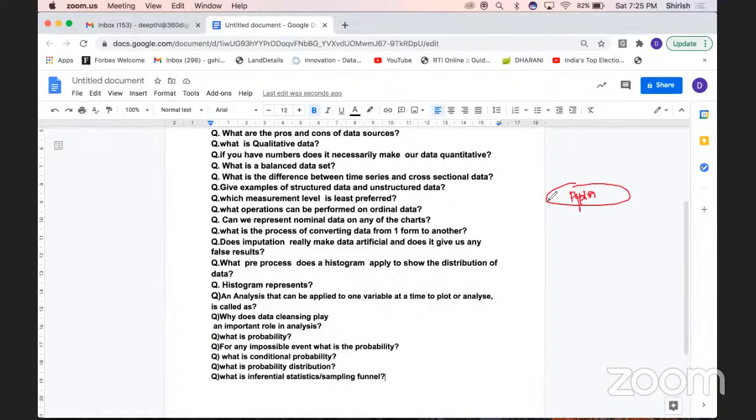People around in the whole country or the whole world, that becomes your population. From that, you pick a subset of data and perform analysis.